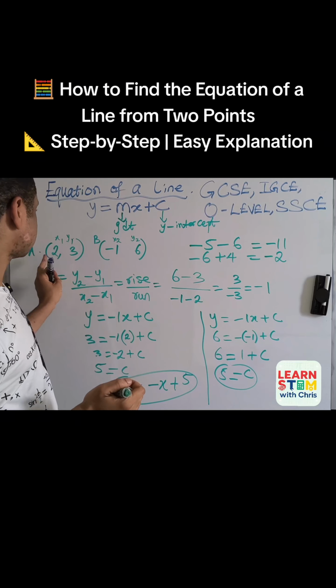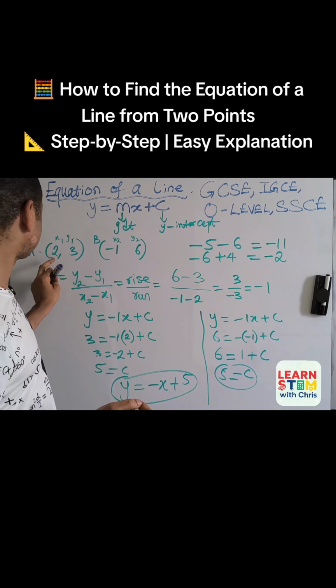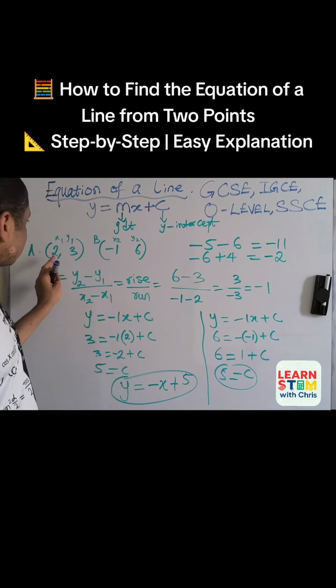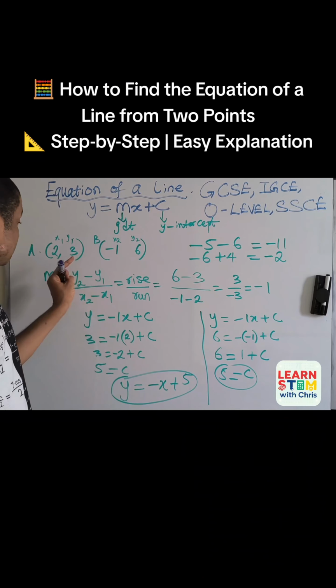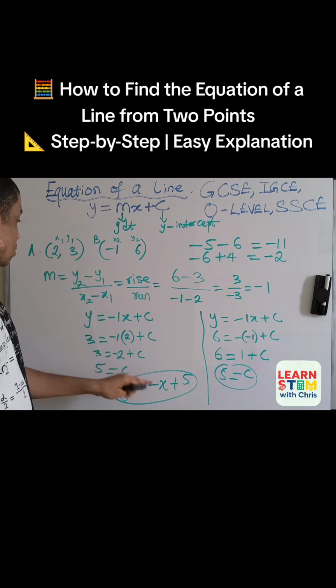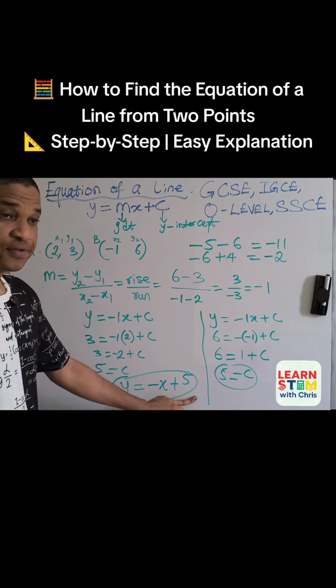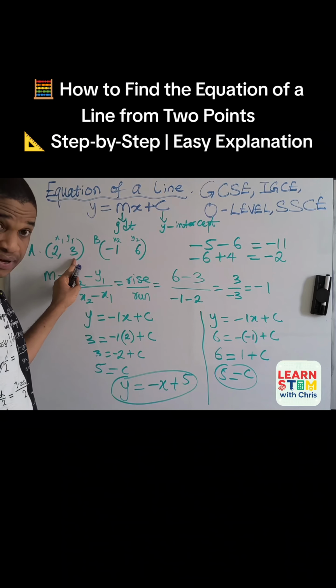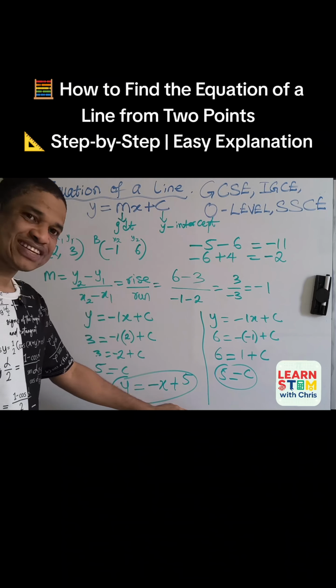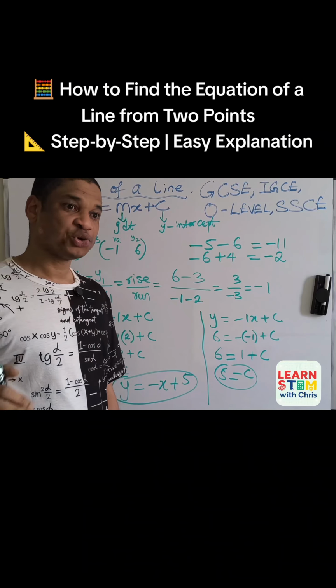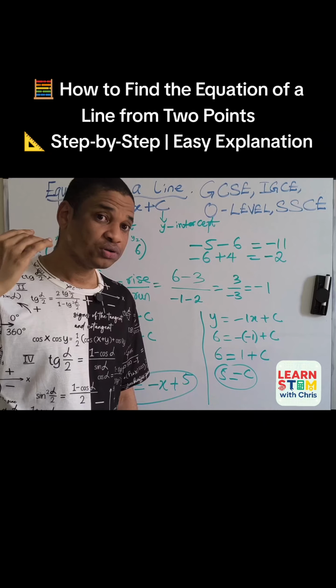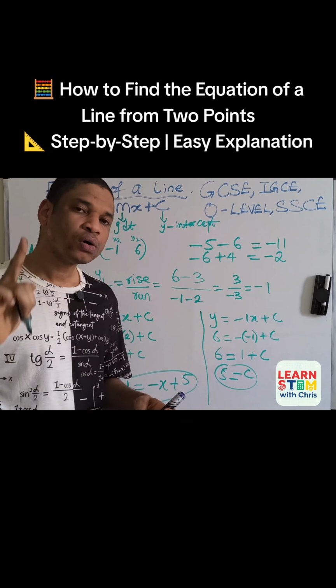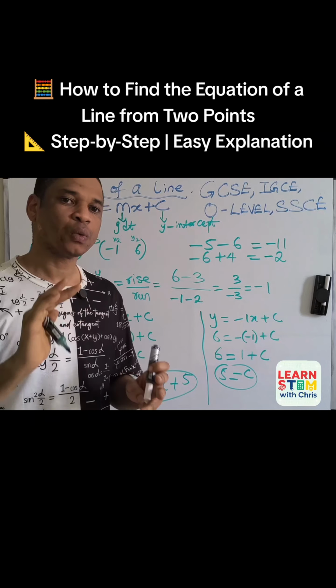I'm using this point, so x is -2. Minus 2 plus 5 will give me 3. Correct. If it was 6, I know it's not correct. Sometimes we can make mistakes, but always recheck your working.